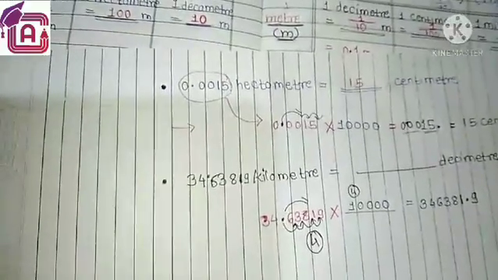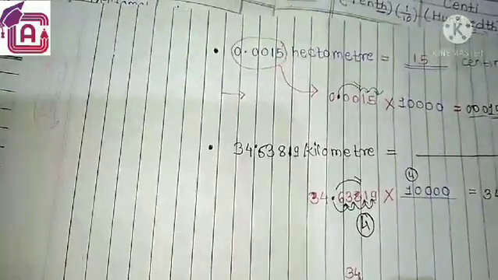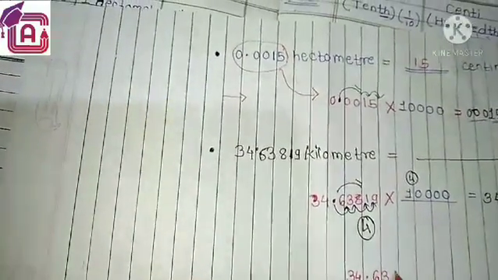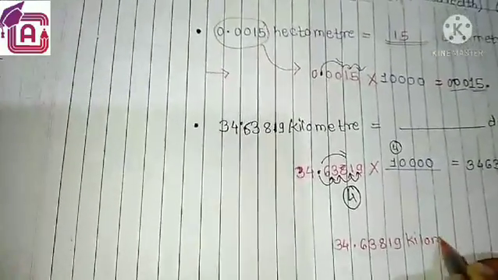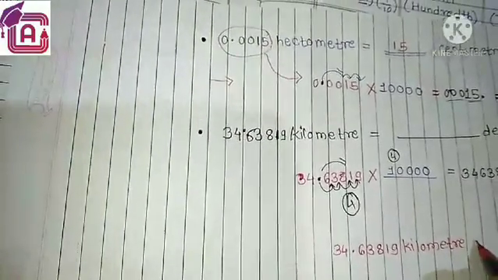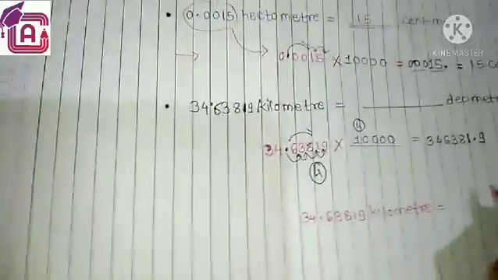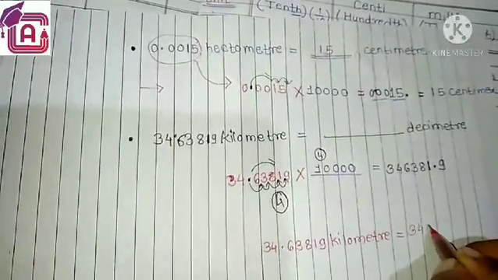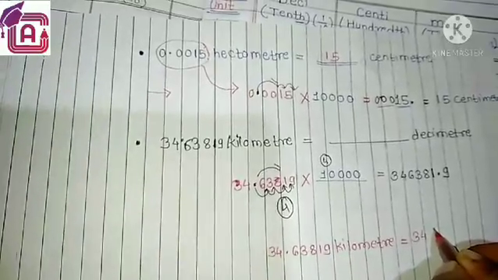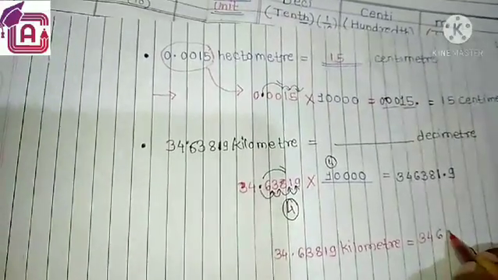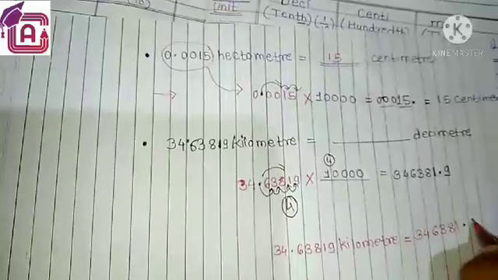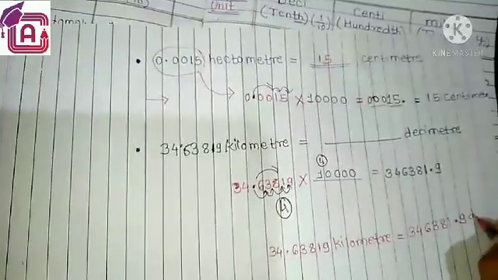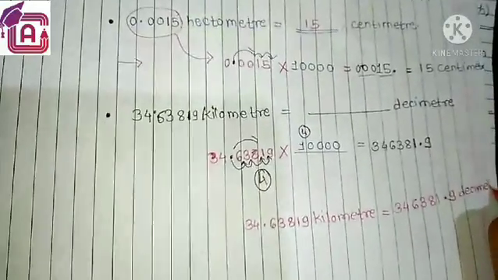So this is the answer of the question. That is, 34.63819 kilometer is equal to 3,46,381.9 decimeter.